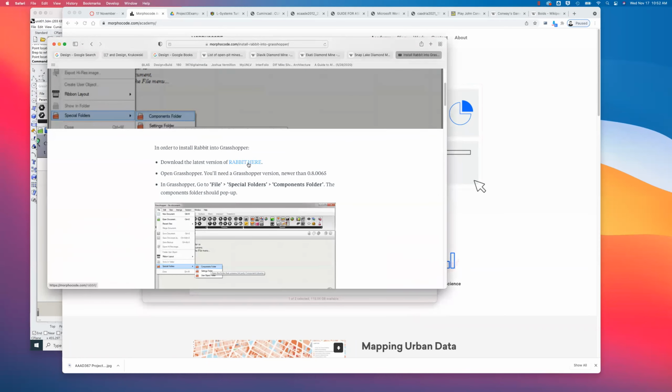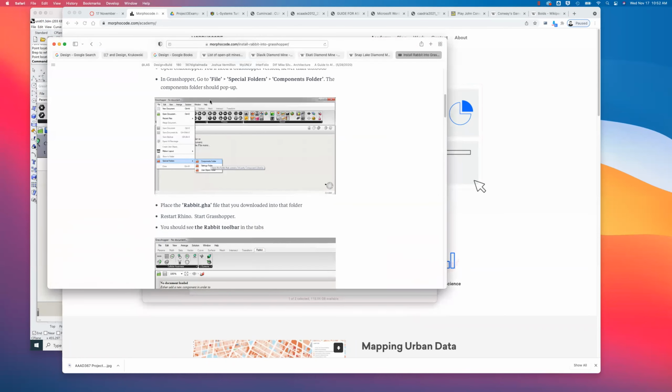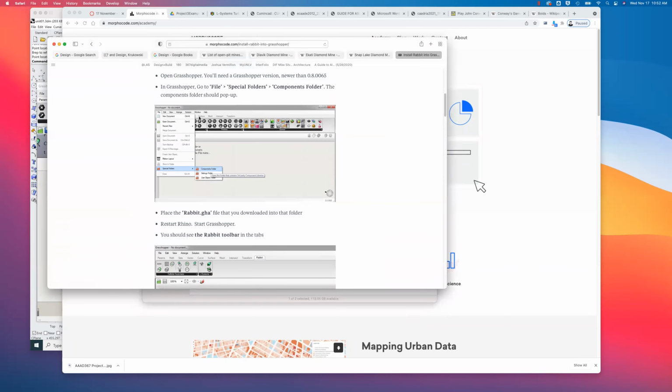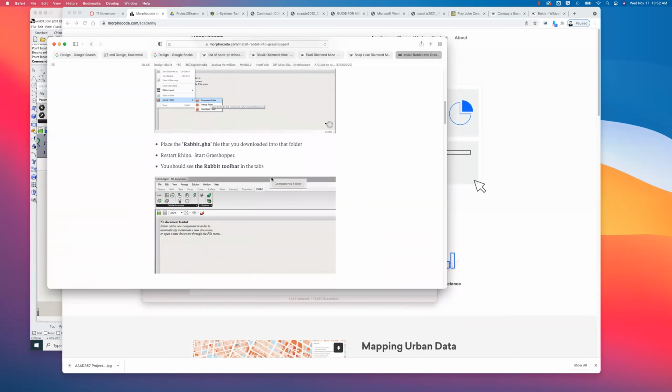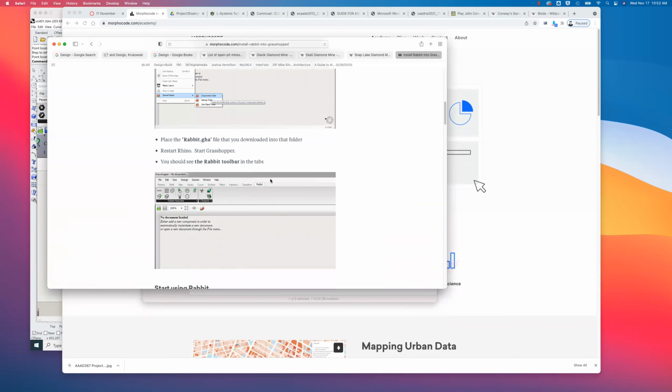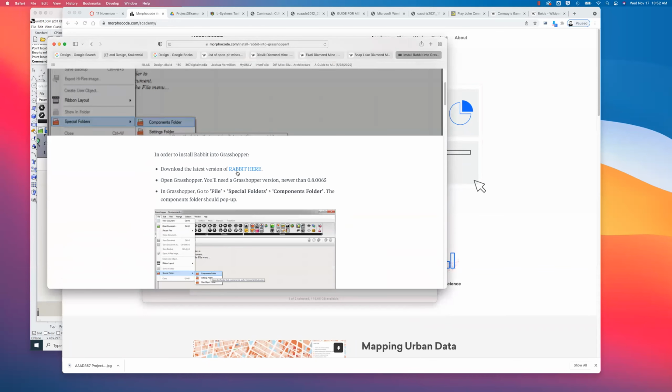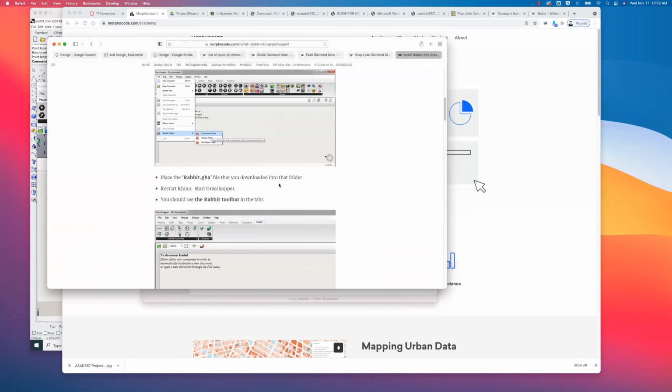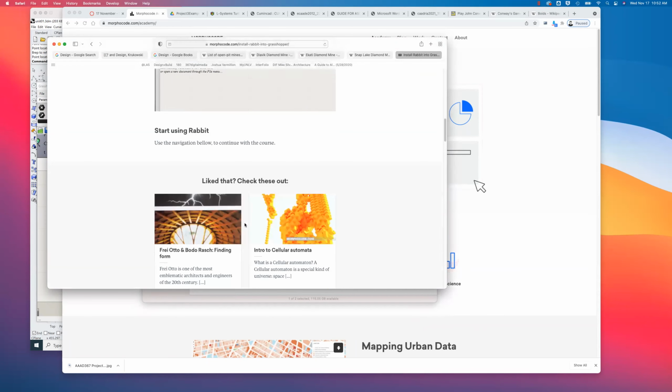So you can download it here, install. You've got to go into Grasshopper, go to the file menu. There are instructions here, right? If you follow these, it should be fine. Start using Rabbit. Okay, so you go into Grasshopper, file, special folders, open up the components folder, drag and drop that GHA folder in, then close down Rhino, restart it, restart Grasshopper. You should see the Rabbit toolbar in the tabs.